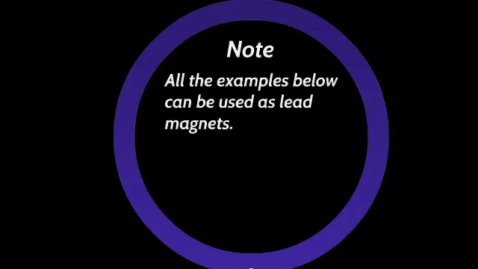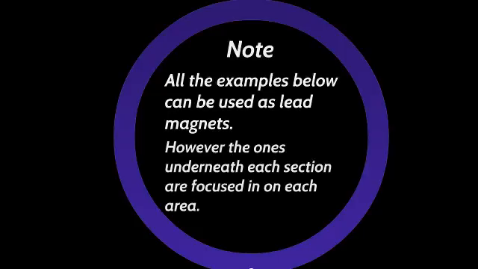Now, all the examples below can be used as lead magnets. However, the ones I'm going to talk about in future videos, underneath each sectional video, are going to be focused on each area. I'm going to talk about different types of mediums, audio courses, software, and different examples that you can just go ahead and use right away, so that you don't have to really think.